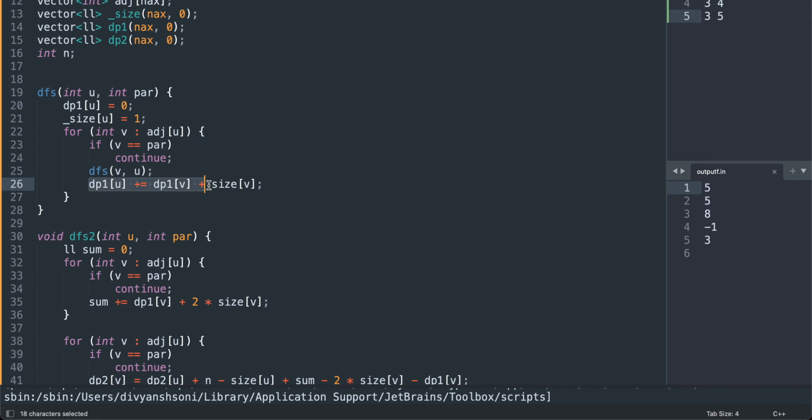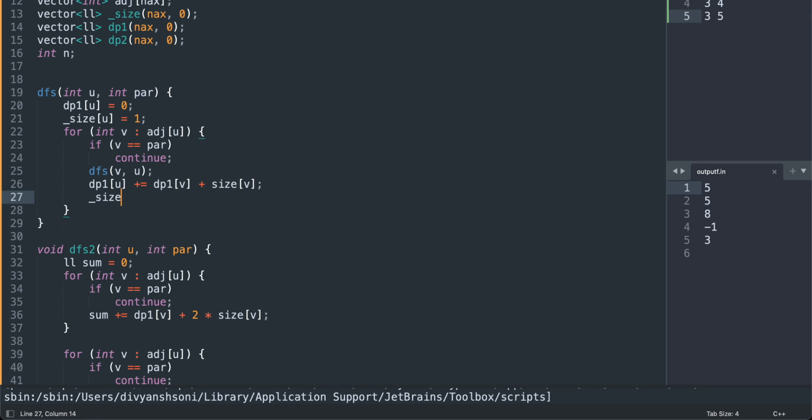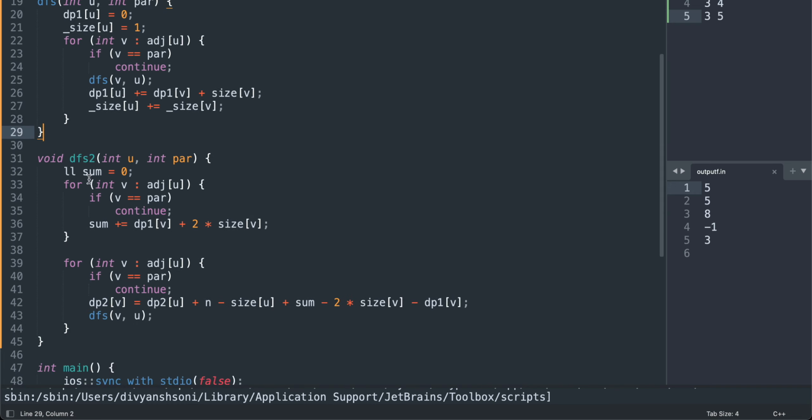Can we also update the size of every node? Yeah, size of u will increment by size of v. Yeah, I think it was missing. Okay, size of u is 1, then size of u will increment by the size of its child. Okay, go here, update it.